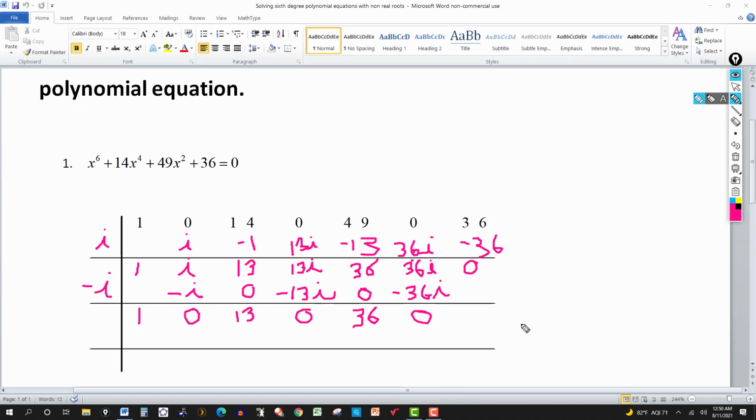Okay, so I can rewrite this as x to the 4th, plus 0 x to the 3rd, plus 13 x squared, plus 0x, and then plus 36.